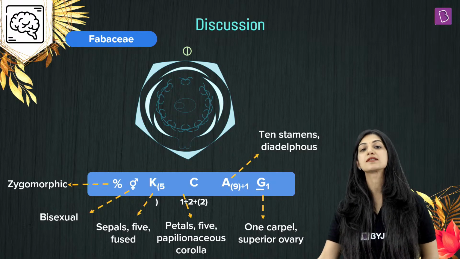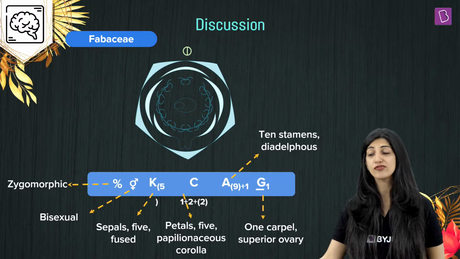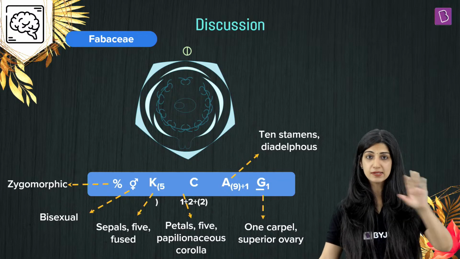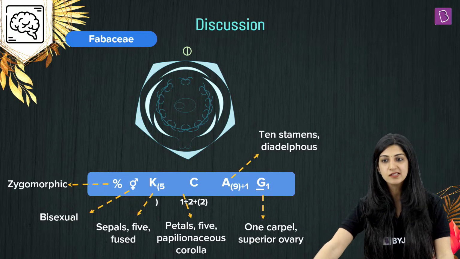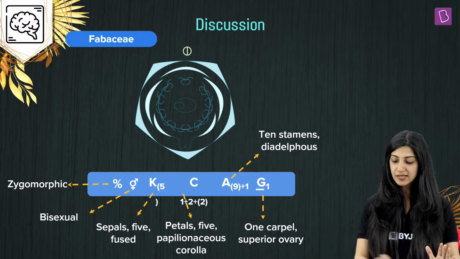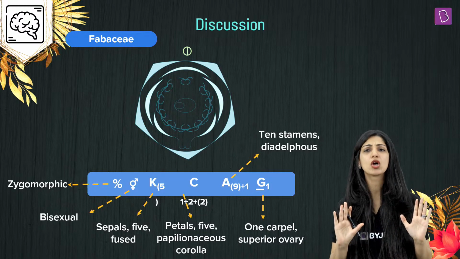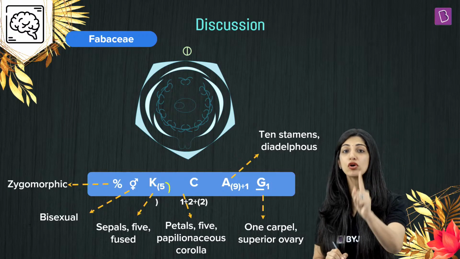ज़्यादा chances क्वेश्चन के आने के फेबेसी फैमिलीज हैं if I have to compare with Brassicaceae. That's the pattern that I've observed in the recent years. Fabaceae, Solanaceae are asked more. Yeah. So Fabaceae में, as you can see, everything is looking good. We don't worry too much. What will you look for?